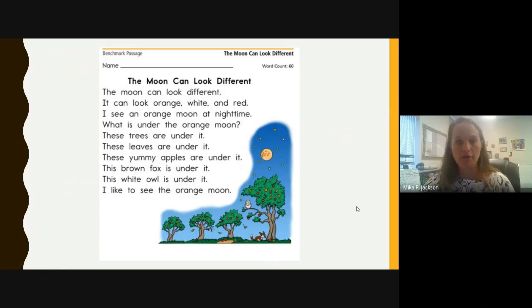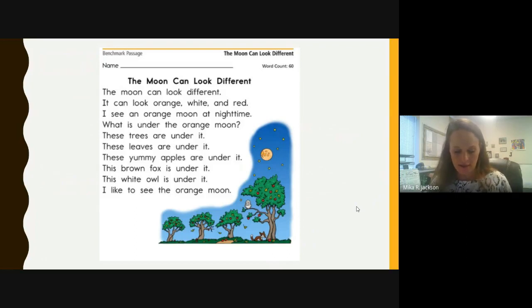All right, ready? The moon can look different. Student, go. The moon can look different. I can see orange, white, and red. I see an orange moon at nighttime. What is under the orange moon? These trees are under it.